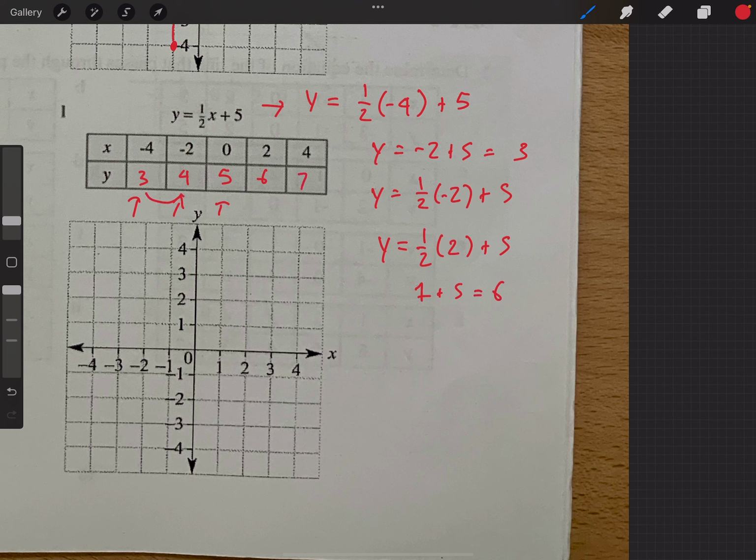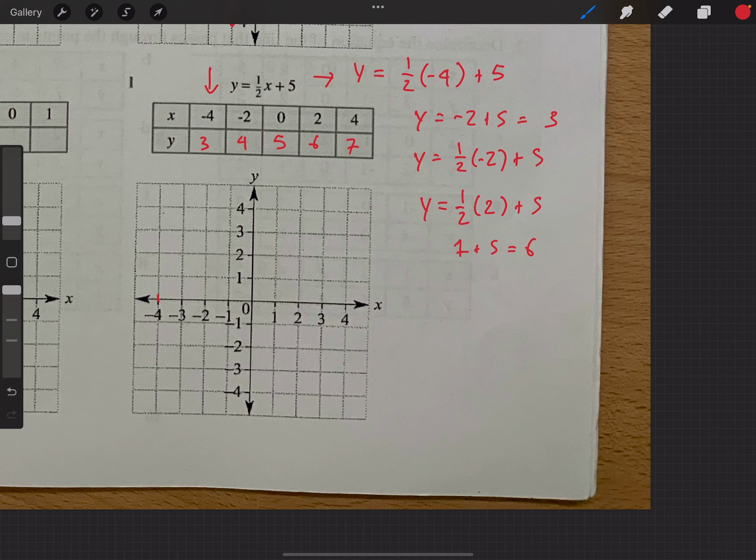Alright, so when you graph this, you need to be careful that this is minus 4. Okay, minus 4, we start here. So when x is minus 4, y is 3. So minus 4 and then 3, which is here. The next number is minus 2. So we're skipping the minus 3, we're going to minus 2. When x is minus 2, y is equal to 4. So we're going down to 4. When x is 0, y is 5.